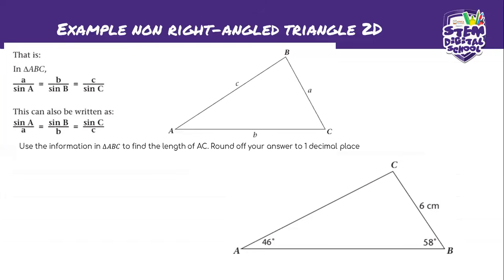Because remember, there are two things, the sine rule and the cosine rule, so we don't know which one to use. We are going to check what we have, and then decide which one to take. In this case, we are having two angles. Can you see that? Angle A, which is 46 degrees, angle B, which is 58 degrees, and one side BC, which is 6 centimeters.